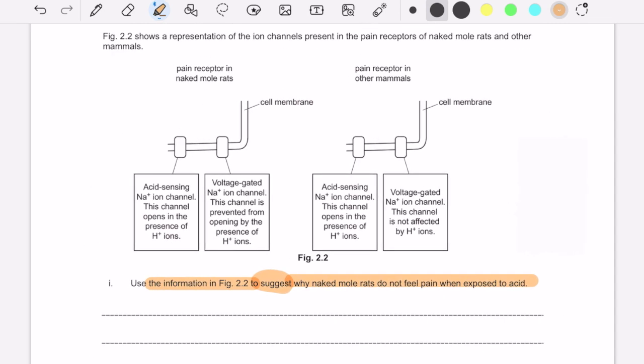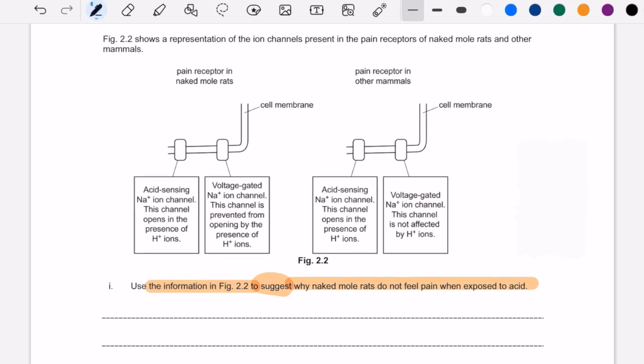Thus, we need to read the information. Okay, let's first understand what's going on with the figure, because it's always important to not only understand the table, the graph, the figure, whatever, as there's a reason why they put that there. They want you to use it. So, let's read. It says, figure 2.2 shows a representation of the ion channels present in the pain receptor of naked mole rats and other mammals.